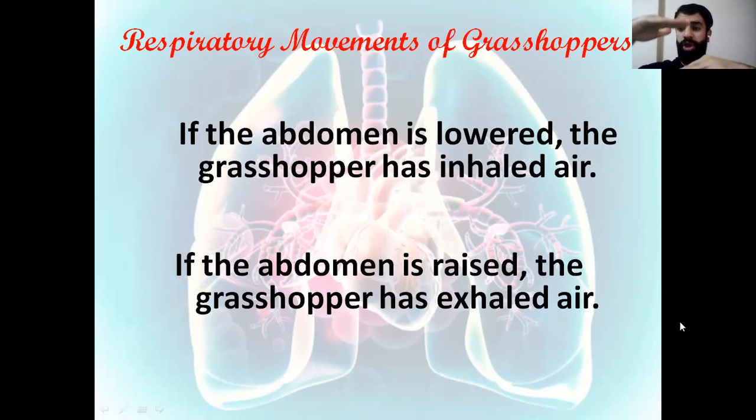If the abdomen is lowered, it moves down, meaning that the grasshopper has inhaled air, and this is the process of inhalation. While if the abdomen is raised, the grasshopper has exhaled air, and this is the process of exhalation.